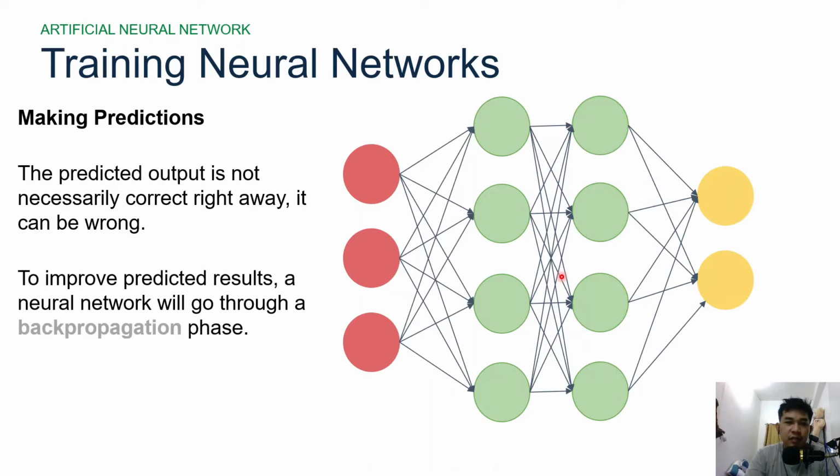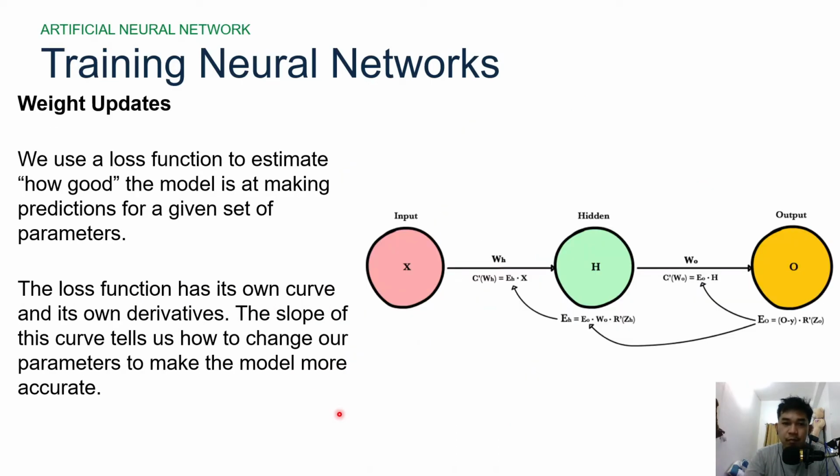Then the predicted output is not necessarily correct right away. So pwede siya, it can be wrong. Then to improve predicted results, a neural network will go through a backpropagation phase. So weight updates.